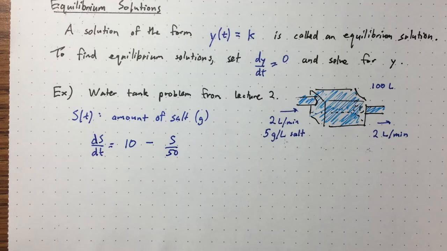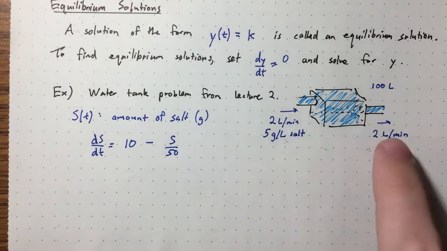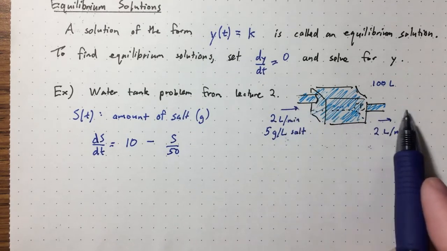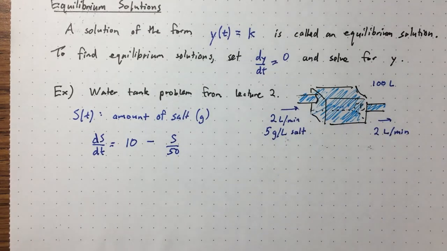What are the equilibrium solutions? In other words, is there some amount of salt that I can have in a tank such that, if I continue this process, the amount of salt in the tank will always just remain constant? So the amount coming in will exactly cancel out the amount coming out.